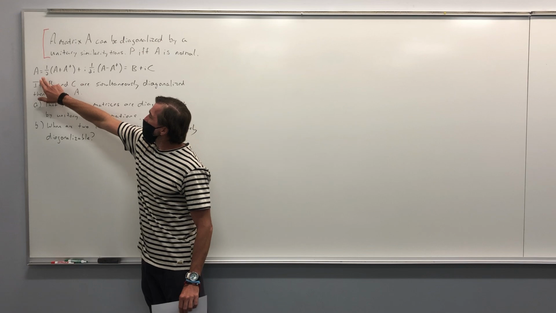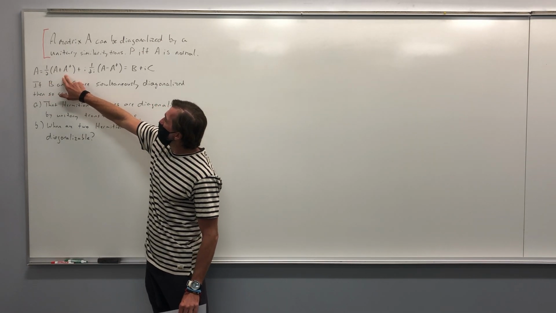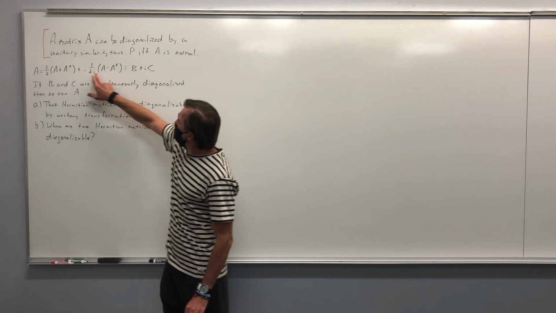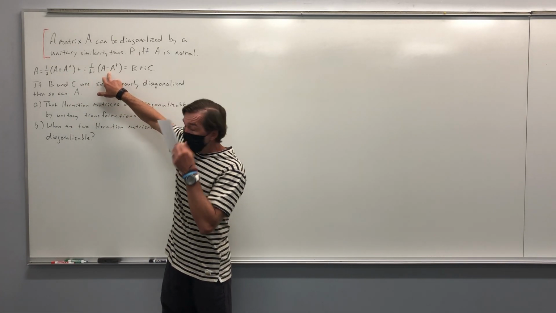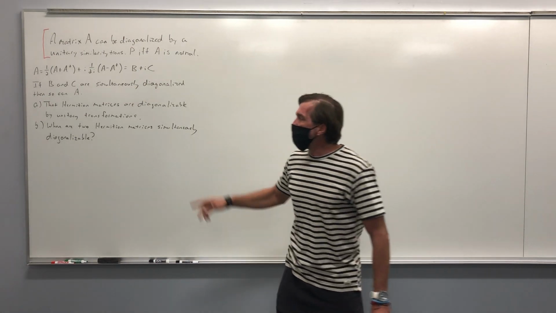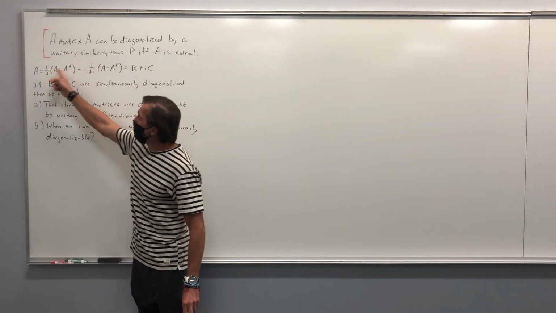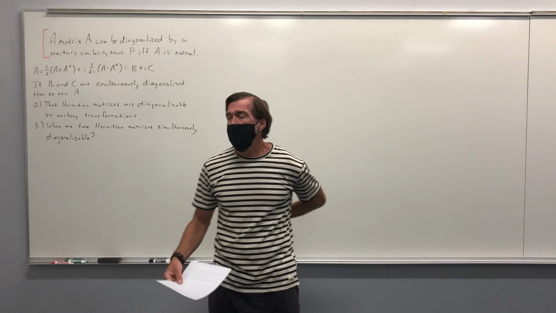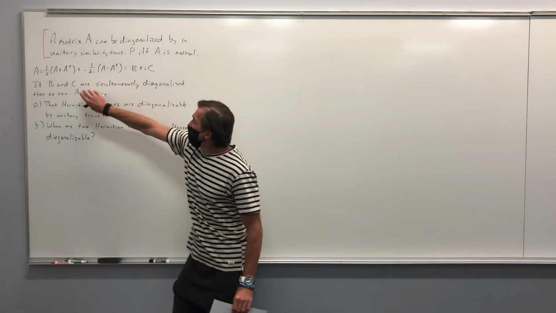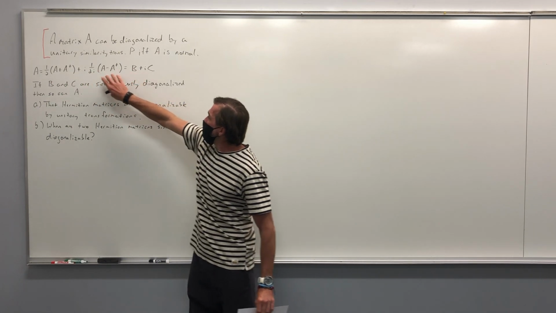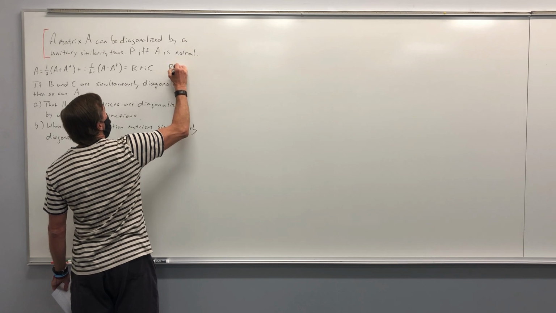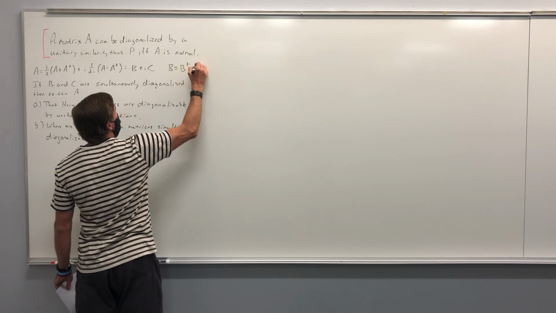What we did was we took a matrix A and we basically broke it up into two hermitian operators, which are added together with a factor of i in there. This is any A. Absolutely any A can be written this way. So we can take A and identify the first term as the matrix B, the second term as the matrix C, and what we know is that these are both hermitian.